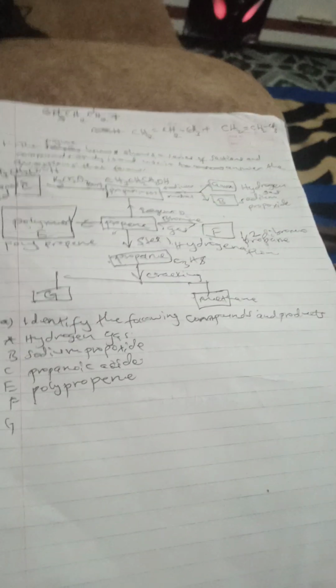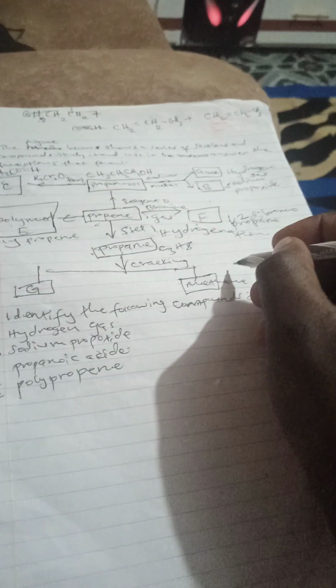The symbol for propane is C3H8. Propane is number 3 in group members. So there is cracking. If propane cracks, it will break into methane, and that methane is CH4, group number 1, and compound G. It will form CH4 with compound G. What is that compound G?